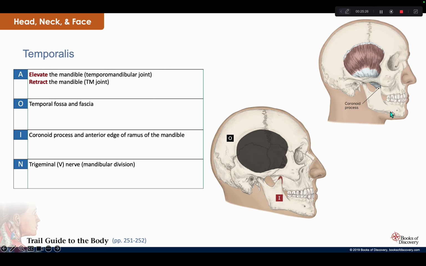So pushing it out and bringing it up. It originates on the temporal fossa and fascia of the temporal region, and then it inserts onto the coronoid process and the anterior edge of the ramus, right in through here. That is a mastication muscle.